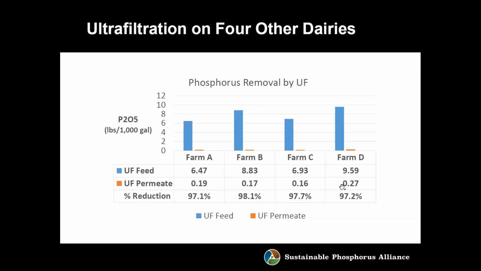So again, very high removal rates, which would allow a farmer to, I think, use that very successfully for irrigation at high volumes per acre, or continue with our two-step process and reclaim drinking quality water.